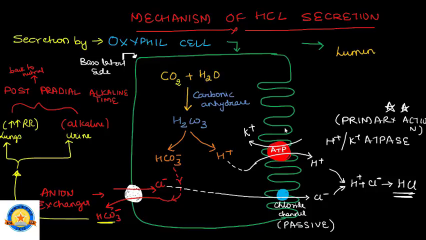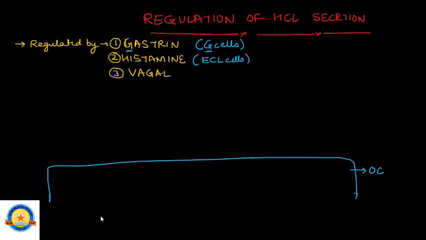Whenever it's not required, it won't be produced. Did you get that? So now there is no receptor. This is my oxyphil cell. I'm drawing the luminal side.